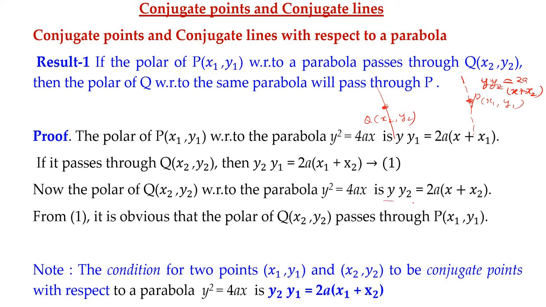So the polar is given by this, and it is obvious from 1 that the polar of Q passes through P of x1, y1. Now the condition for 2 points x1, y1 and x2, y2 to be conjugate points with respect to a parabola y square equal to 4ax is just y1 y2 = 2a (x1 + x2).